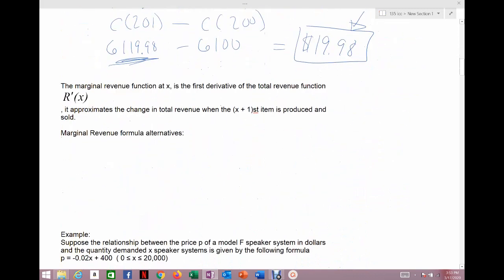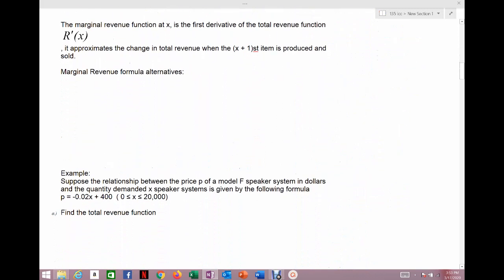All right, marginal revenue. So marginal cost, marginal revenue, and marginal profit. They basically all work exactly the same. The only difference is revenue is just talking about the number of items sold. And so, again, the process is identical. Marginal revenue is just the derivative of the revenue.